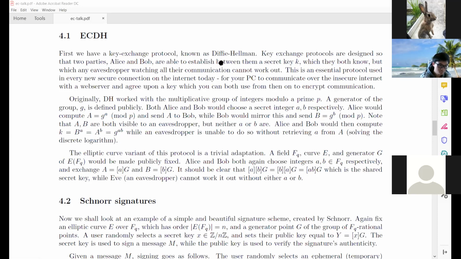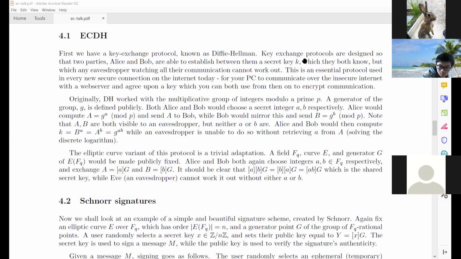Basically it's a protocol where two people on the internet can communicate and both work out a shared secret that they both know, we'll call it K, but which anyone reading all of the communication between them still can't work out. So somehow they've been able to send each other some messages and both agree on a secret value that they didn't know beforehand, but which only they can work out and no one else eavesdropping can. That's quite a cool idea that that's even possible.